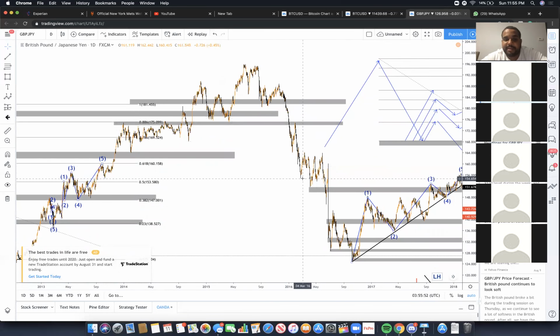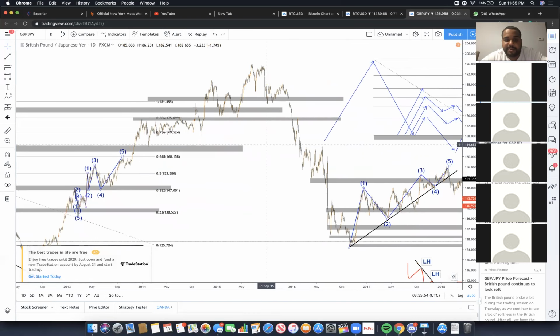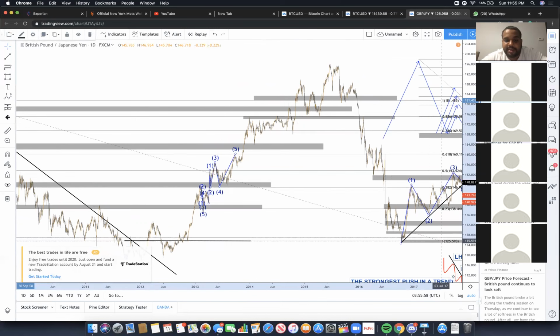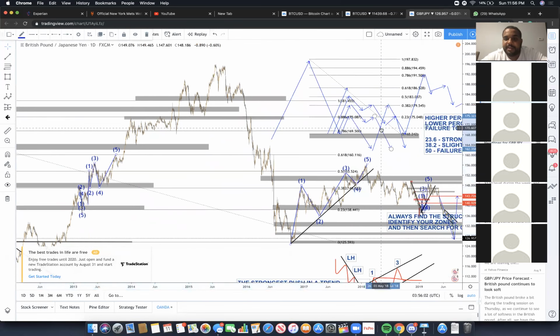Started dropping, right? Now I'm going to go off of my zones here, my levels. I'm going to just extend this, right? Let me delete all this crap.